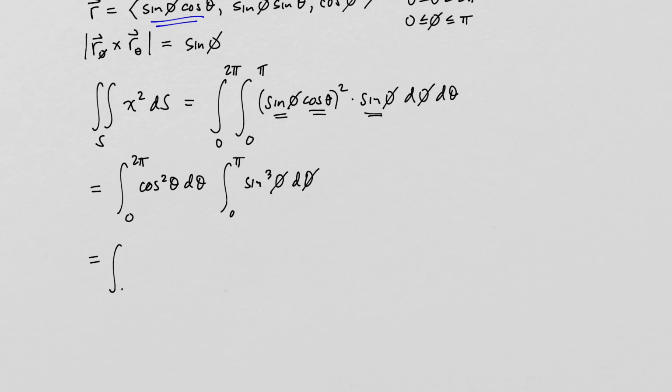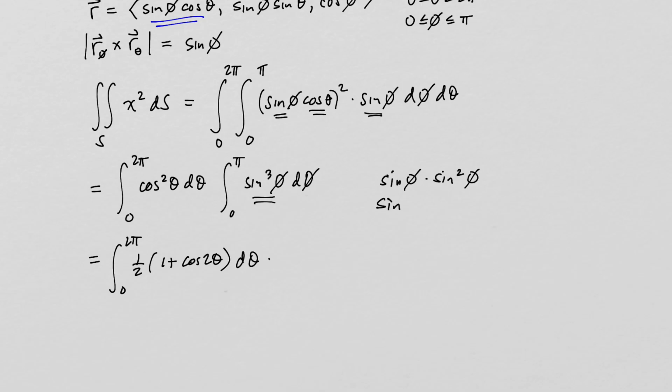So I'll remind you here that we need to use the half angle identity for cosine squared of theta. And then over here, we just need to do a little manipulation. So we're going to write that as sine of phi times sine squared of phi, which is sine of phi times 1 minus cosine squared of phi.